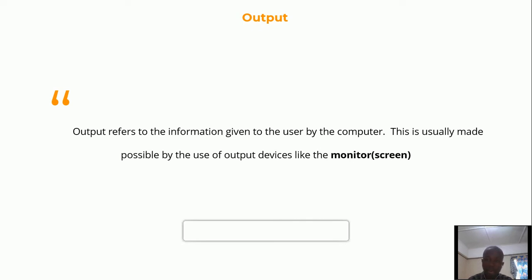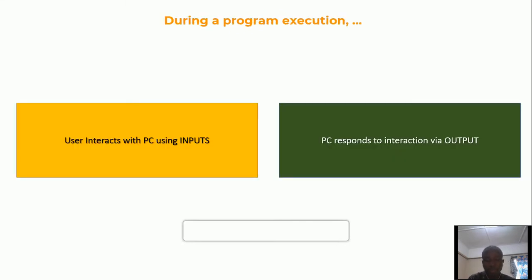The next thing that we also need to take note of is, after we are done taking inputs, we need to display something to the user, or we display something to the user to effect him inputting something, right? This is usually made possible by an output device. So we have monitor, speaker, and all those things. They help us.